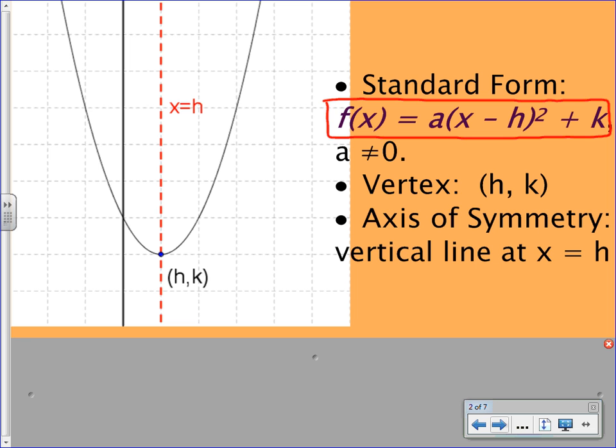A quadratic will always have symmetry about a vertical line. We call it the axis of symmetry. The vertical line goes through the vertex, so it's just the line x equals h. Whatever your x coordinate is for your vertex, that vertical line is going through it. So that's something you'll need to identify: not only the vertex, but the axis of symmetry.